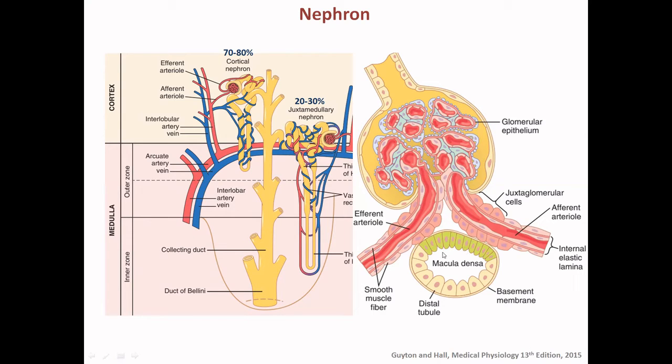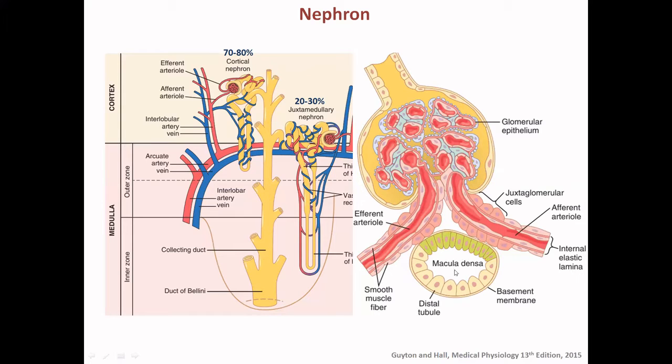And from this, they determine whether the rate of filtration should be increased or decreased. Suppose the rate of filtration is slow, so the time it will take the glomerular filtrate to reach the distal convoluted tubule is very long. If it is a long time, then a lot of sodium chloride will be absorbed.